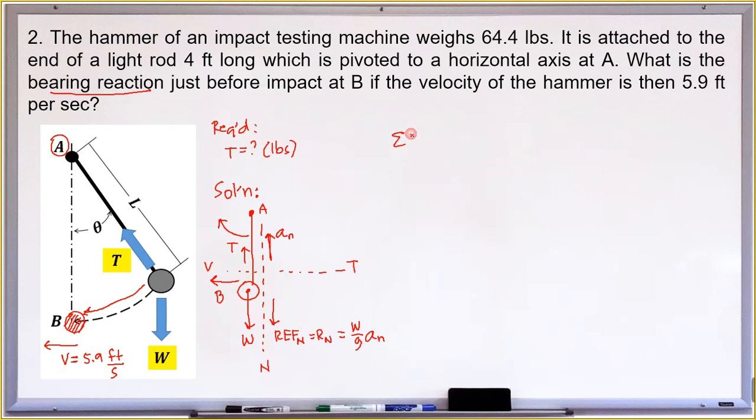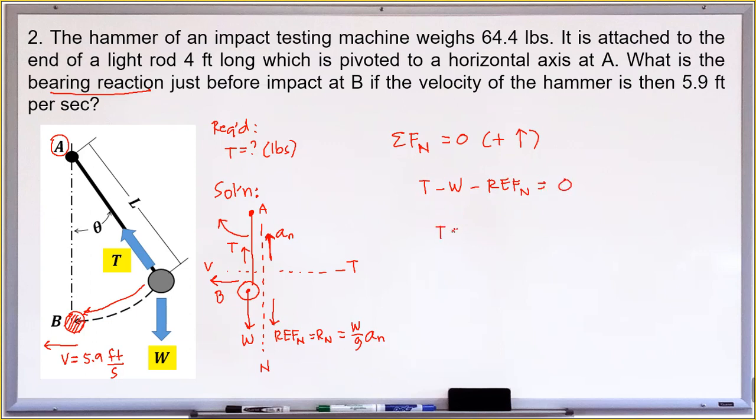Okay, so summation of forces along the normal axis is equal to 0, wherein we take positive if ang force pa upward. So why I choose the upward? Because that is the direction of our normal acceleration. So ang sa may mga upward forces, so we have the tension. Now ang weight paubos naman, so minus the weight, and also the reverse effective normal force, so minus the reverse effective normal force, wala may lain, so 0.